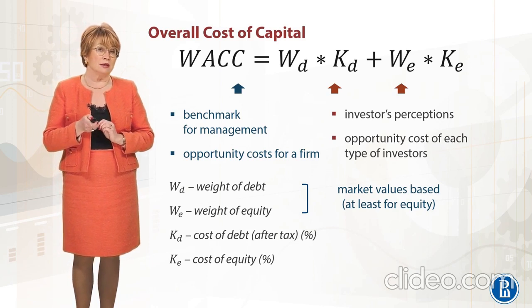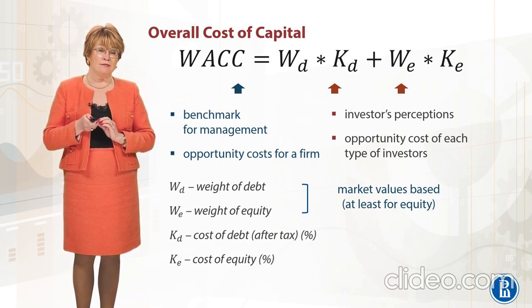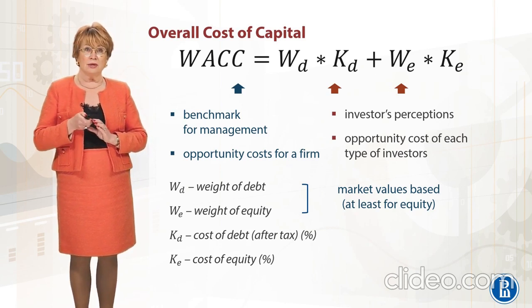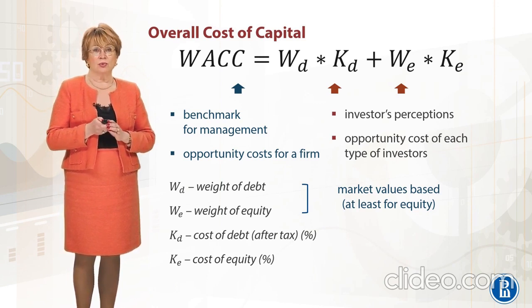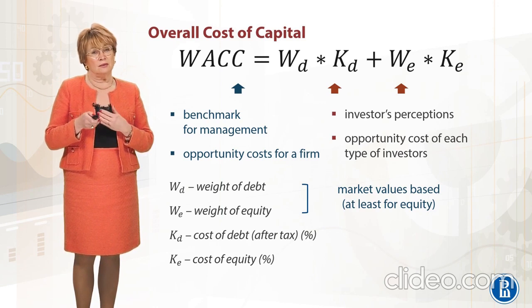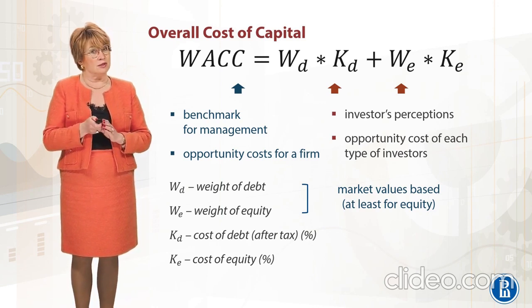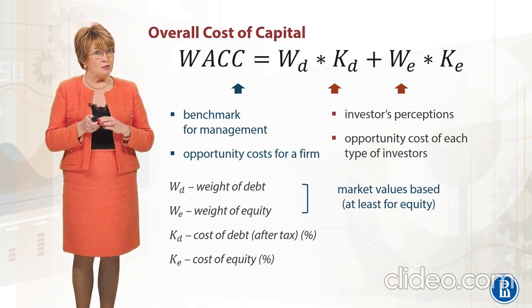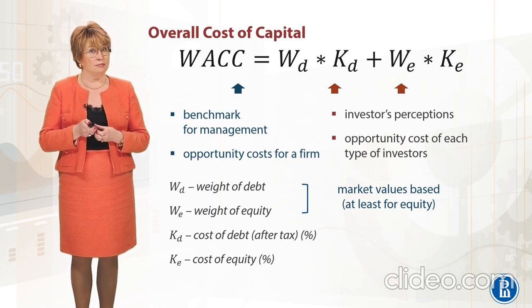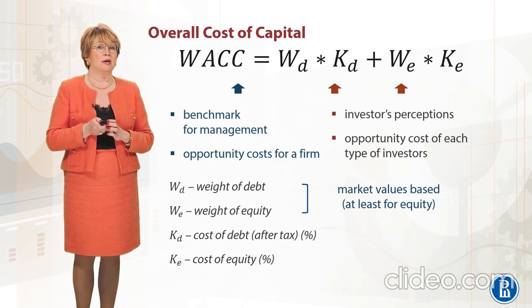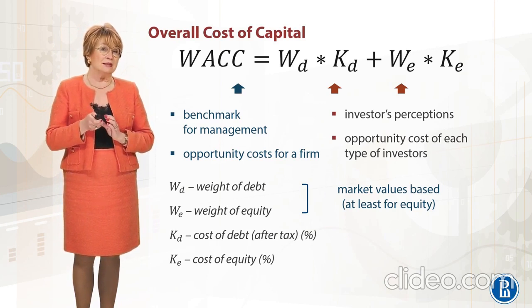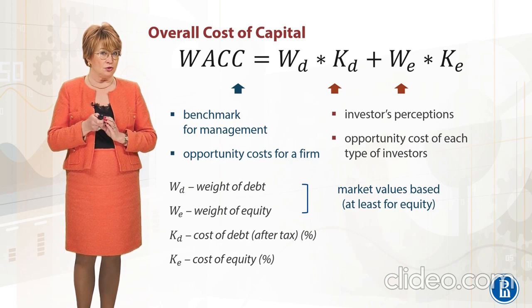We already discussed that capital structure shows the financing policy for the long-term period to solve all the strategic problems of the company, how the company is going to finance the corporate strategy approach. So we now see that on the right side of the equation, there is a combination between the perceptions of the risk of different types of investors and the proportion of that particular type of capital inside the capital structure.